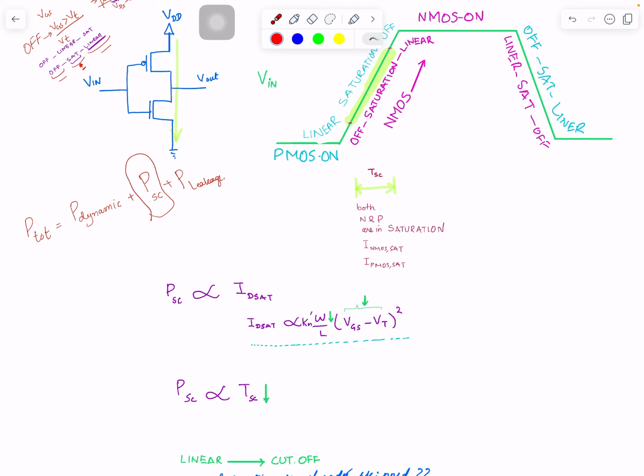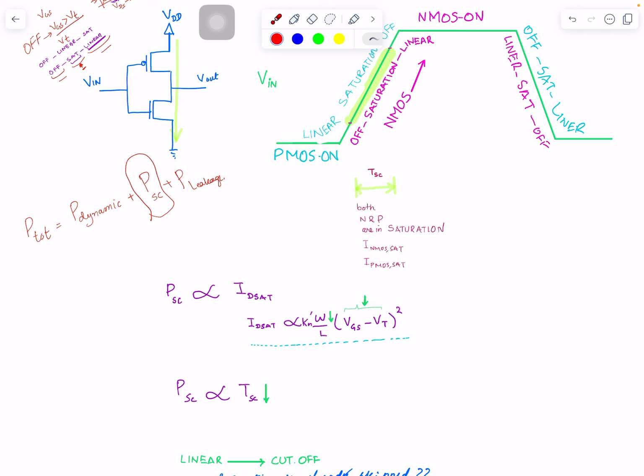So short circuit power is proportional to how much current the PMOS and NMOS have, ID sat, the current in saturation. And if you remember, current in saturation depends on a constant, width over L, and VGS minus VT to the power of 2, a square dependence on this one.